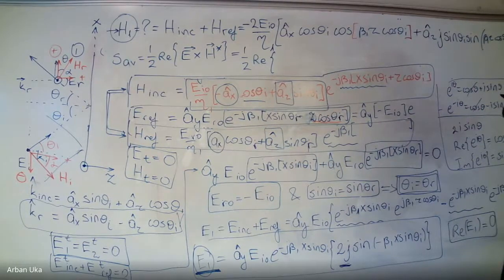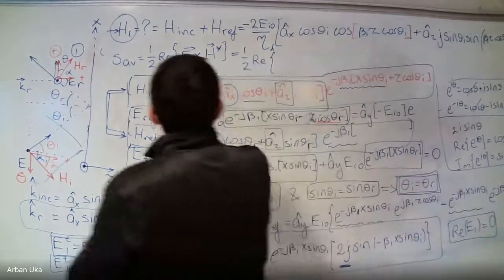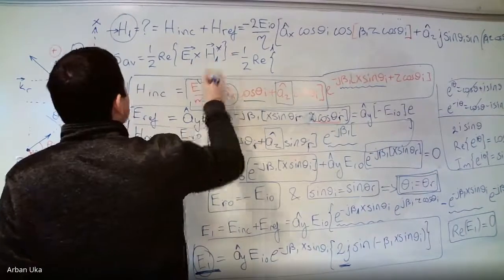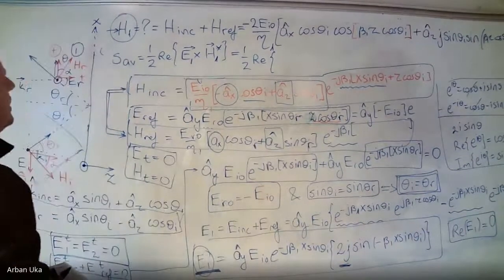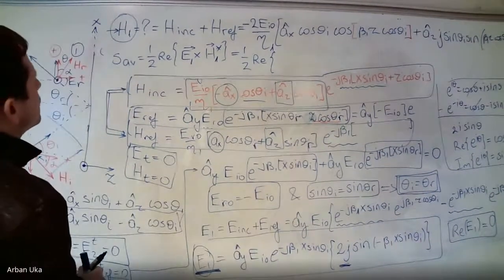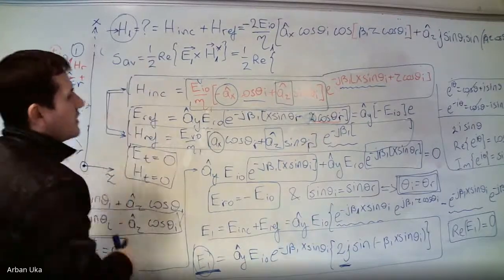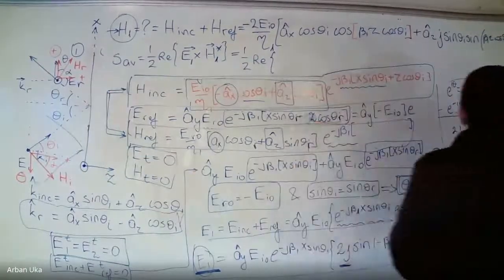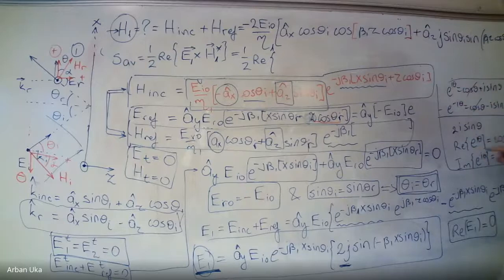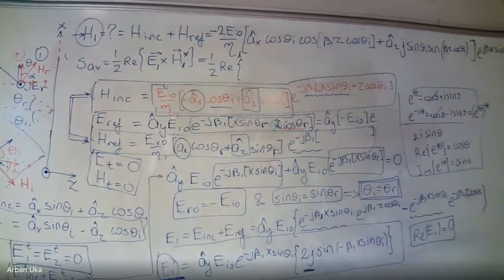Since we're going to multiply E1 and H1, we have to take the complex conjugate terms of H1. What is the complex conjugate of e to the power j theta?